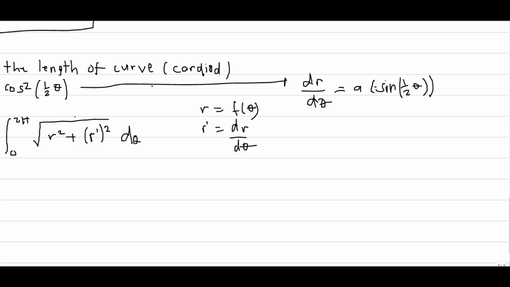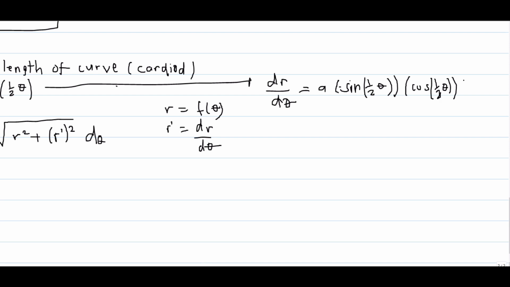Then since we have squared here, 2 minus 1 equals 1, so we have cosine 1/2 theta here, times 2 from the chain rule.